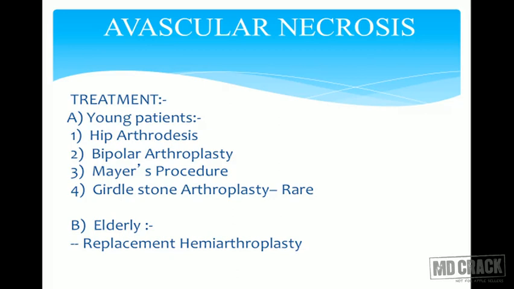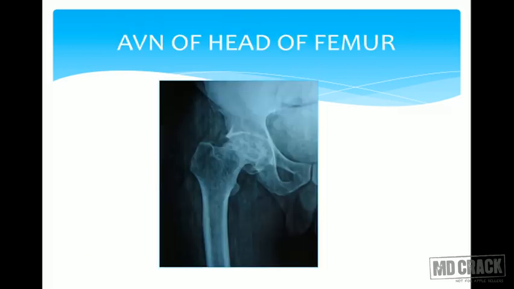But in elderly patients, we will always try and go in for a replacement in the form of hemiarthroplasty. This is a clear picture of the avascularity of the head, where you can see that the head congruity is not maintained, it is deformed, not smooth, and secondly there is a good amount of collapse. So this is a clear example of avascular necrosis. There could be many reasons why avascular necrosis of the head occurs.